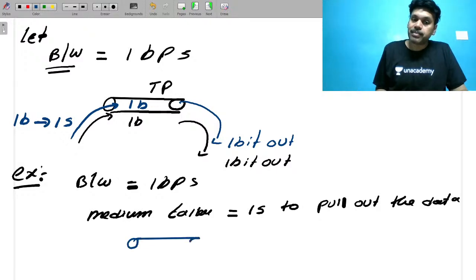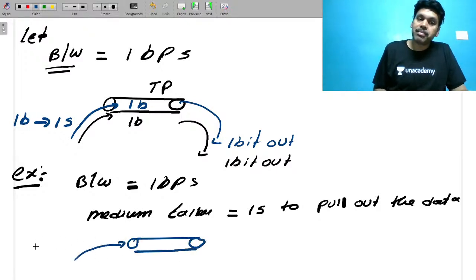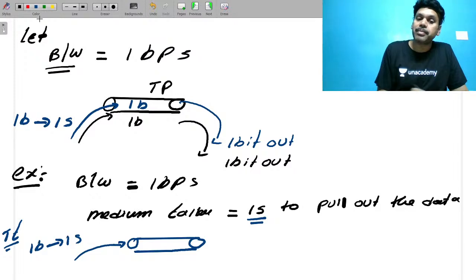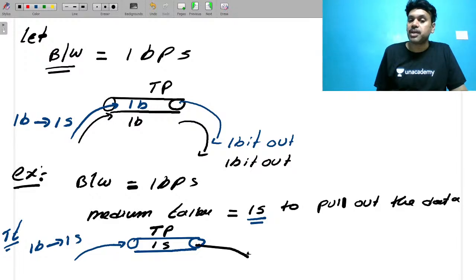So let us say the sender pushes the data onto the medium 1 bit per 1 second. What he is doing is a transmission time only. 1 second, every 1 bit he is sending. And the bit takes 1 second to come out from your medium. So it is taking 1 second of propagation time to come out from your medium.